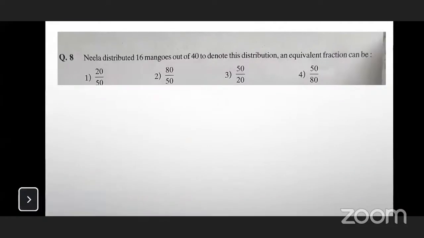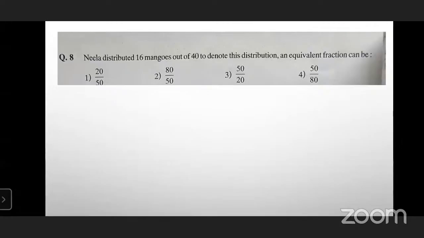Here is one word problem. Read the problem. Nila distributed 16 mangoes out of 40. To denote this distribution, an equivalent fraction can be.